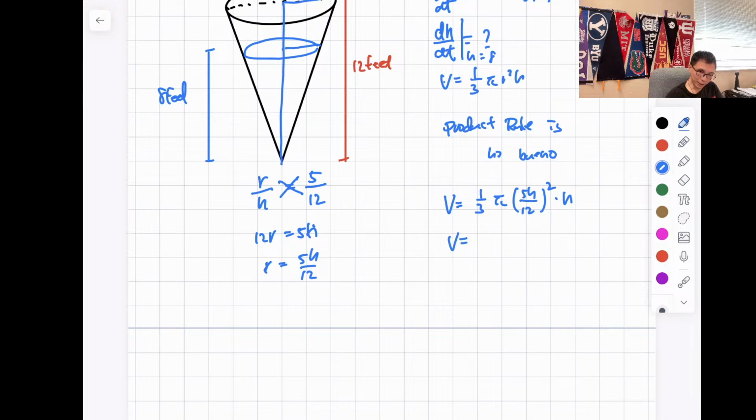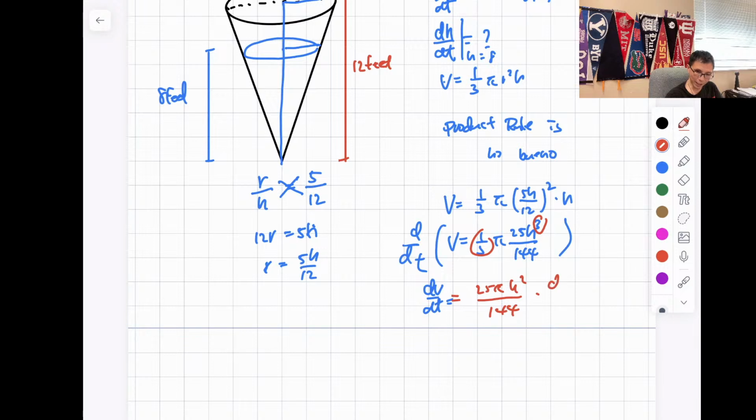Now I get V equal to 1/3 pi times 25h cubed over 144. I know that number looks kind of gross, but if you take a derivative, that h cubed comes down, and the 3 and the 1/3 cancel out. So that is equal to 25 pi h squared over 144 times dh/dt, which is the unknown.